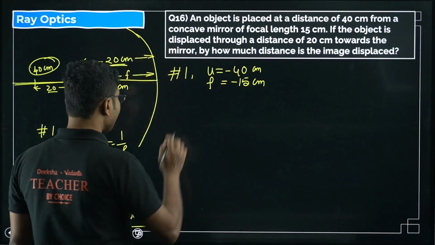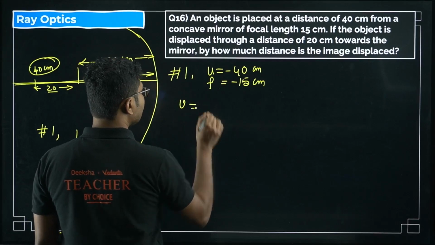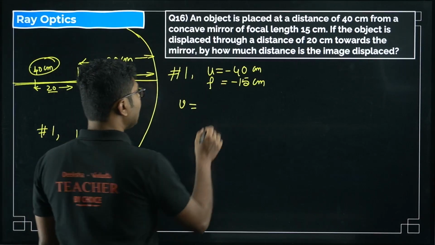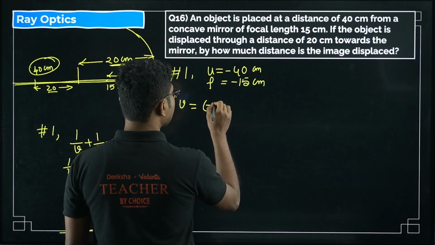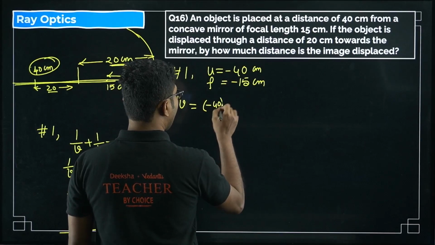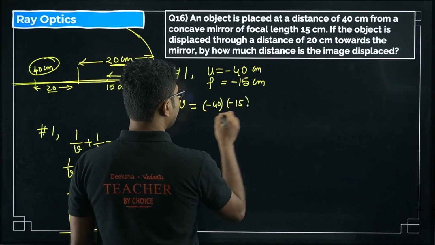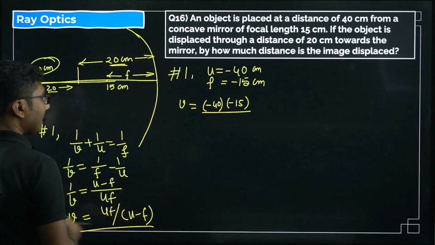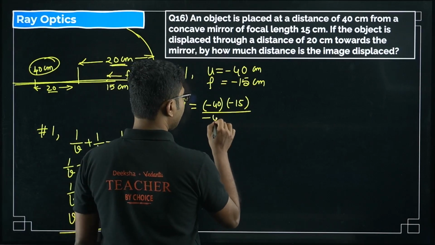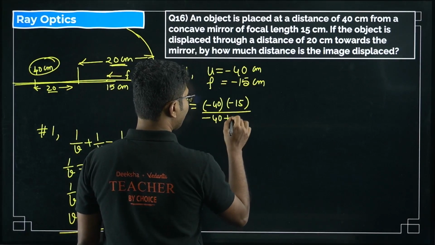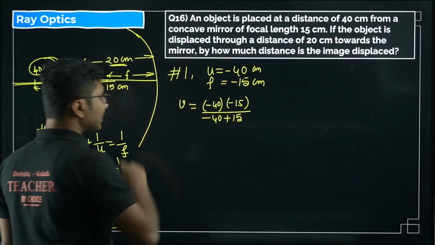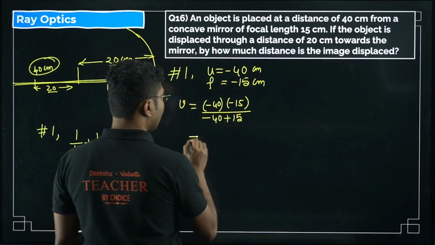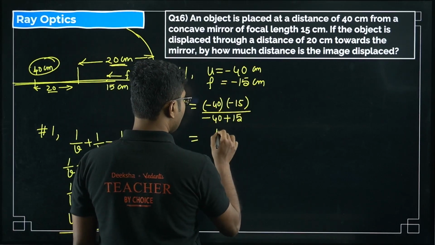Now put these values over here. V equals UF, U is minus 40, F is minus 15, divided by U minus F. U is minus 40 minus F, so plus 15. In the numerator it will be positive 40 into 15.